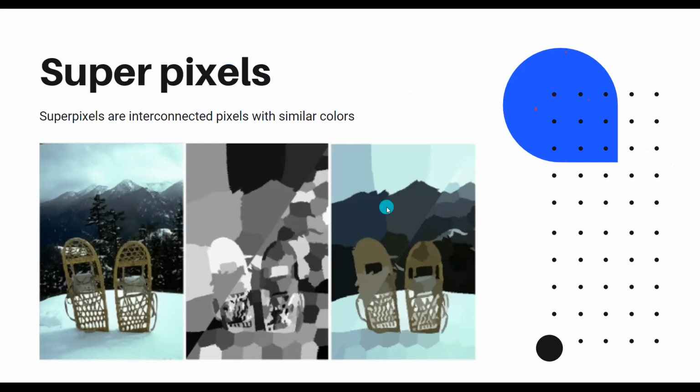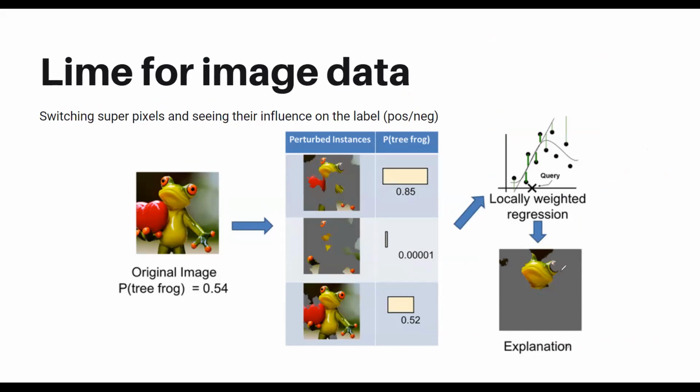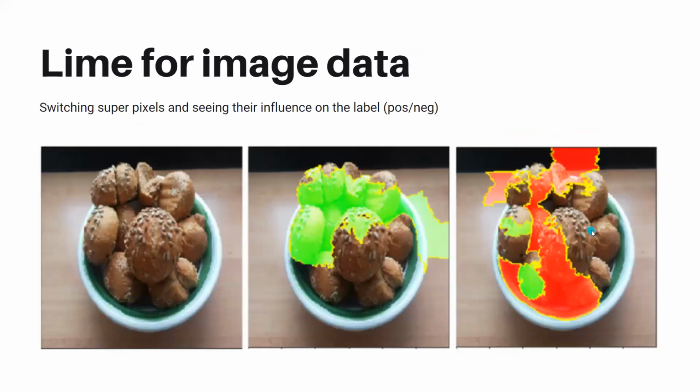Nice. So this is how LIME for images would look like. The explanation would be highlighting, or like a small image like this, where you have the features that have the highest importance or the highest feature weight. And like that, you would be able to understand whether this feature was important or not.